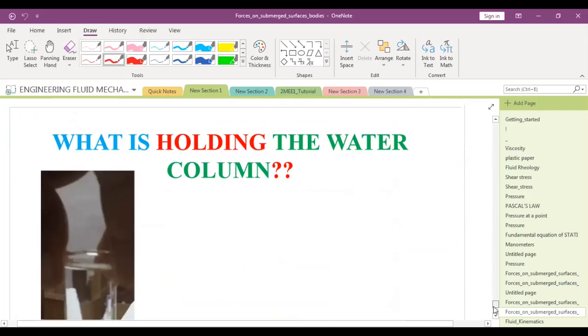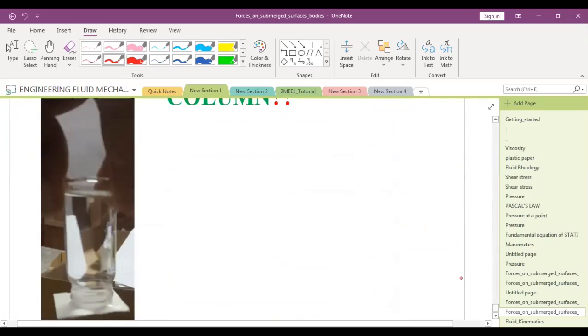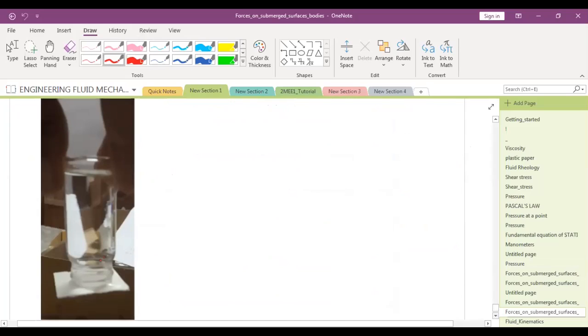Now what about this? What is holding the water column? This is a small paper and the entire water column is resting on this small piece of paper. I have not attached any kind of adhesive or anything like that.